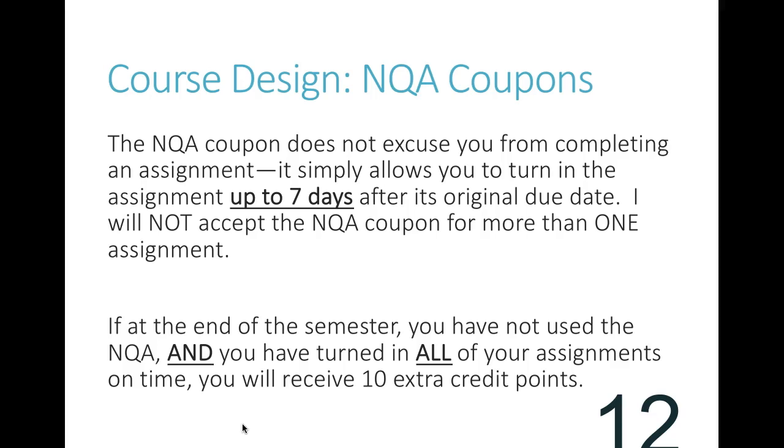So if you figure out you're not going to be able to get all of the assignments done by June 18th, then what you need to do is submit. You'll get a 0, but then before the 7 days is up, you have the opportunity to use that NQA coupon and submit that assignment so that you can get full credit for it.